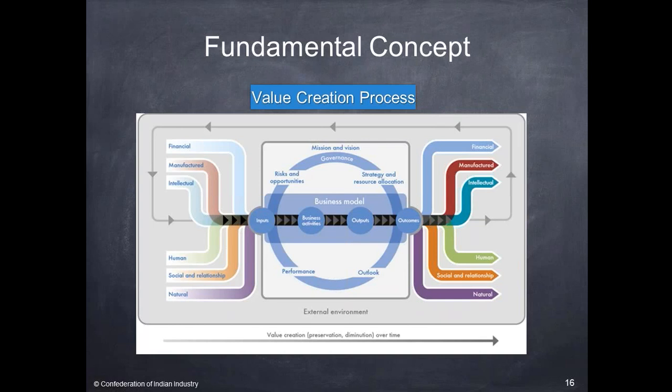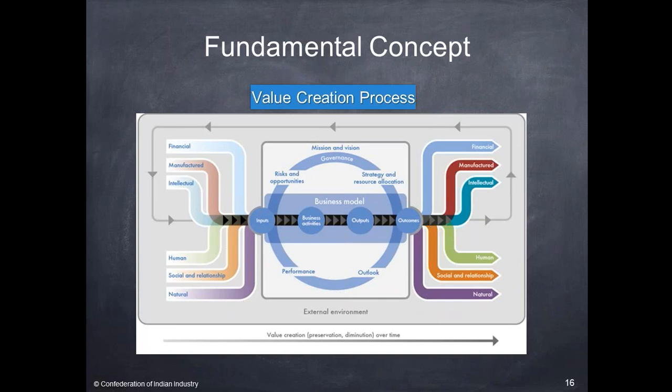You have the relationships with the communities in which you exist, and you use a lot of natural resources to create those products and services. So in short, these are the six elements that any business of any kind uses to some degree or the other. Now, the amount of it differs. If you are an IT company, probably your intellectual capital input is higher. If you are a steelmaking company, your manufactured input is higher. That's your left side, your input side.